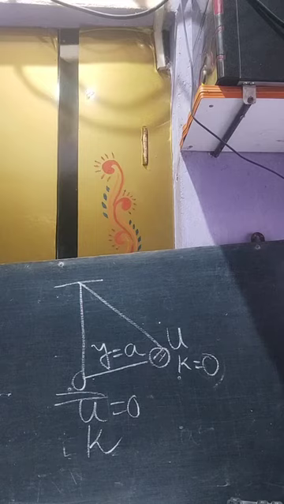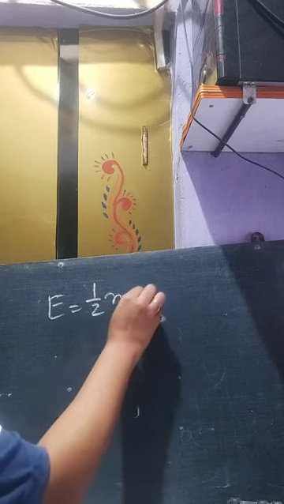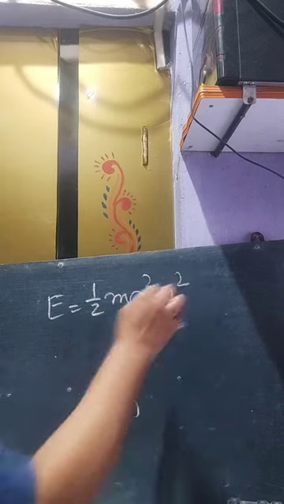Okay. Now, already we know that total energy for the SHM, E, equals half m A square omega square.